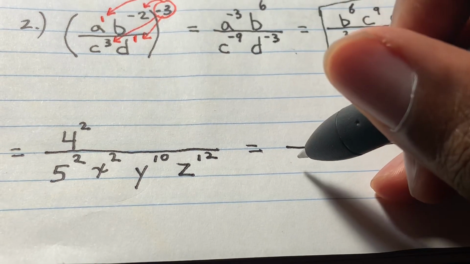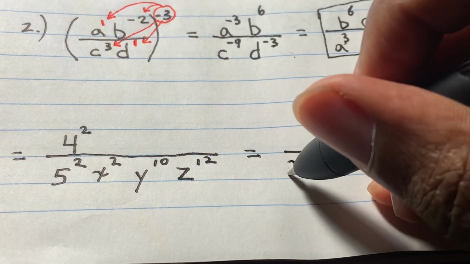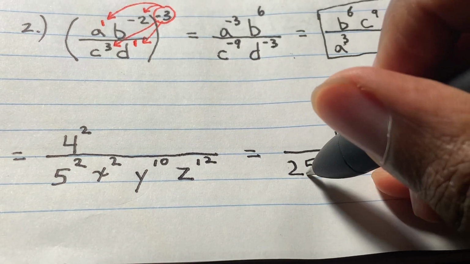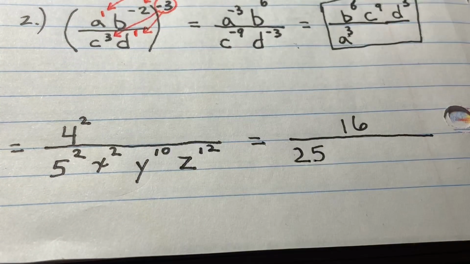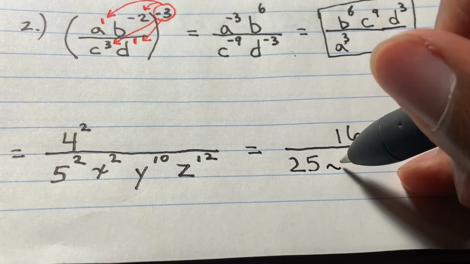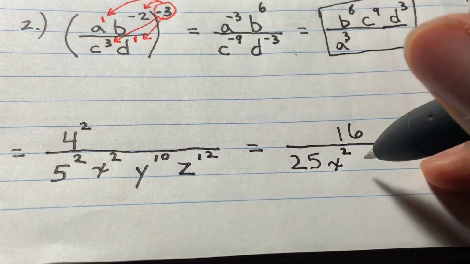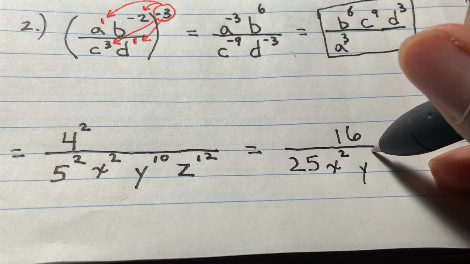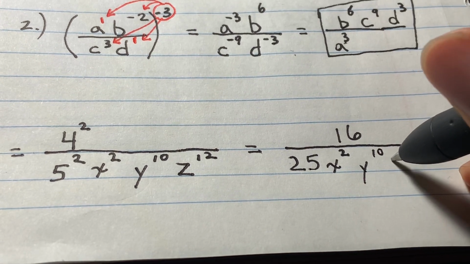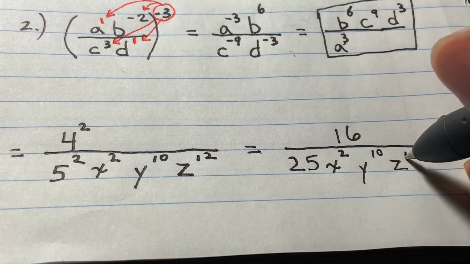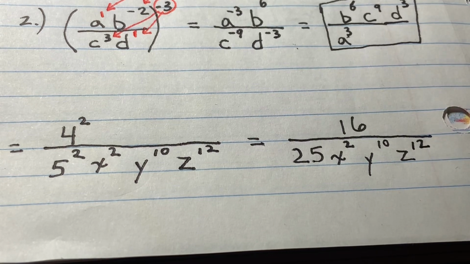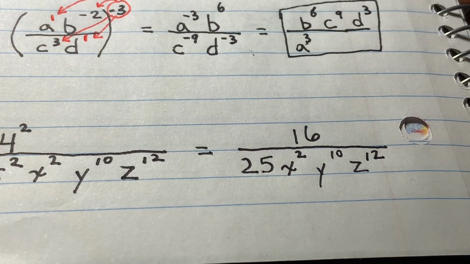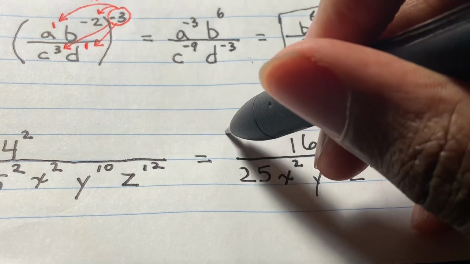Okay, 5 times 5, which is 25. Very good. And then what about the variables? They just stay the same. Ladies and gentlemen, there it is. There's the final answer.